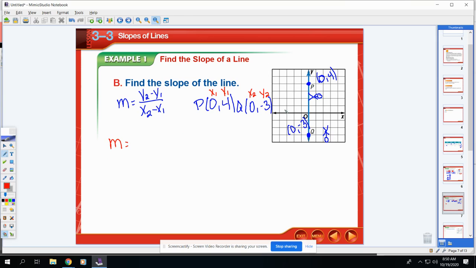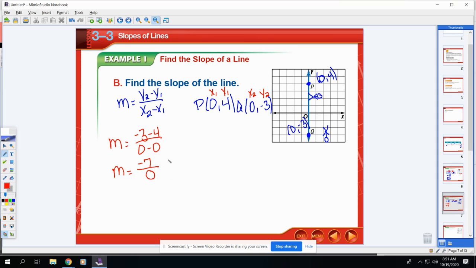So y2 minus y1 is going to be -3 minus 4. And x2 minus x1, well, both of our x's are zeros, so this is going to be 0 minus 0. Now, -3 minus 4 is -7, and 0 minus 0 is 0.